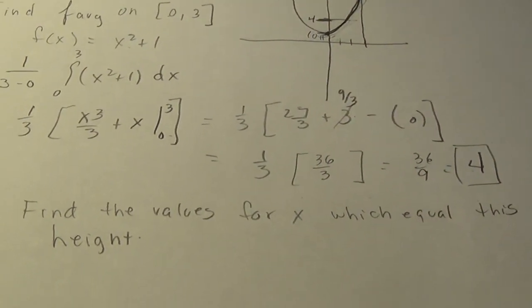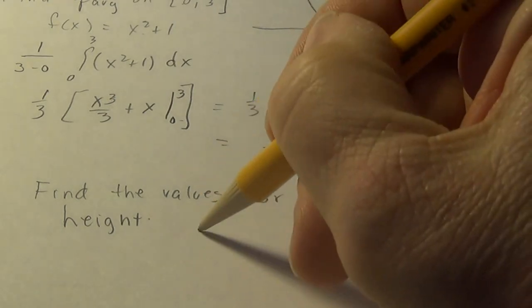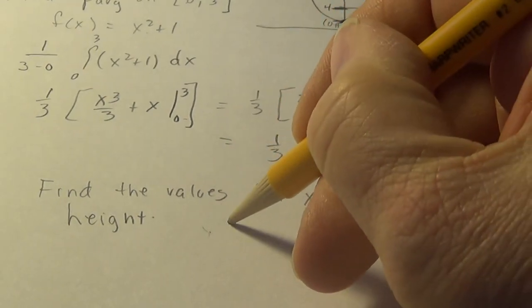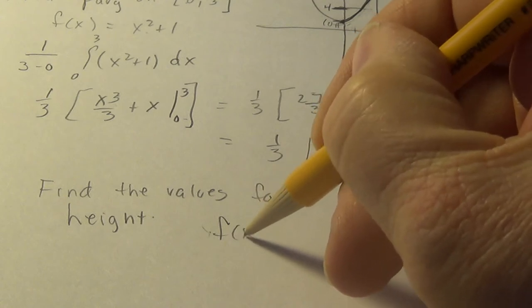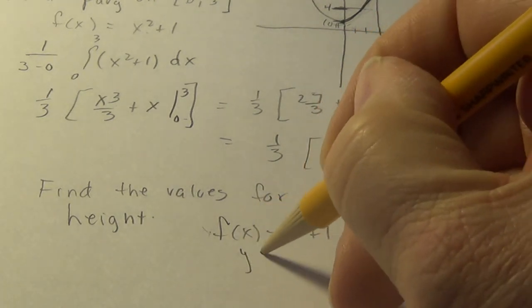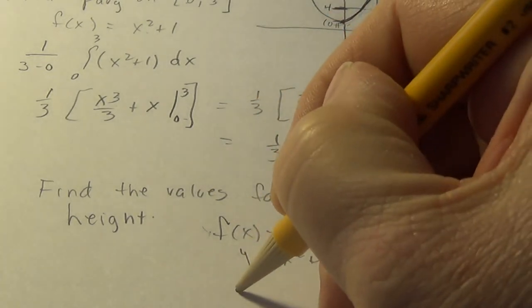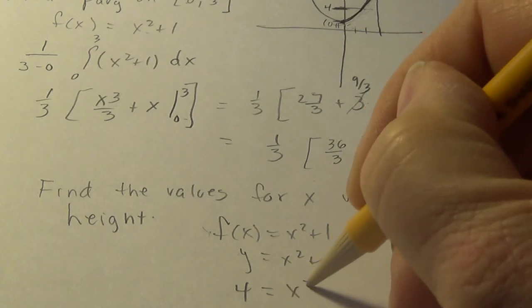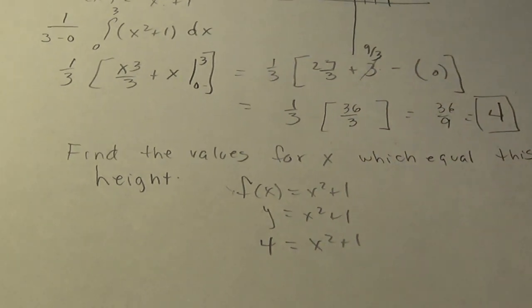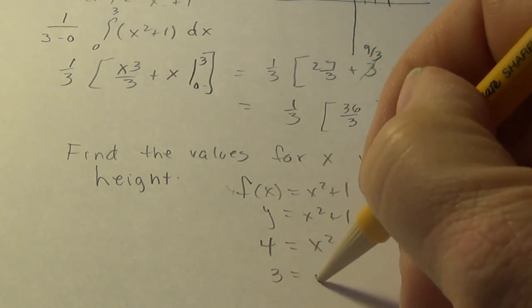So all we have to do is take our answers. The average height was 4, so if we have f of x equals x squared plus 1, which we can think of as y equals x squared plus 1, that 4 is the height, it's the y value. So they're asking you for the corresponding x values.